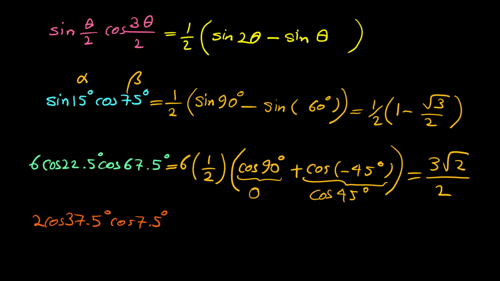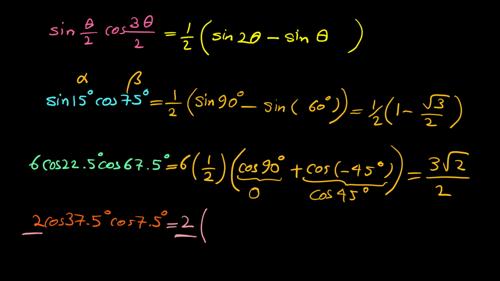Look at the next example. 2 cosine of 37.5 degrees cosine of 7.5 degrees. Again, it should be clear that we want to use the product to sum formula. If we use the formula, then this equals 2. This 2 is here.